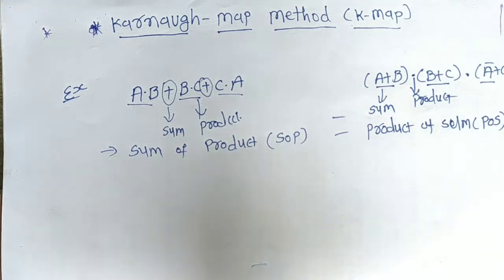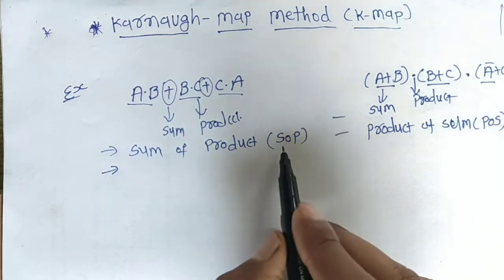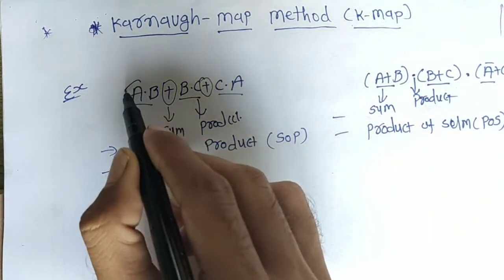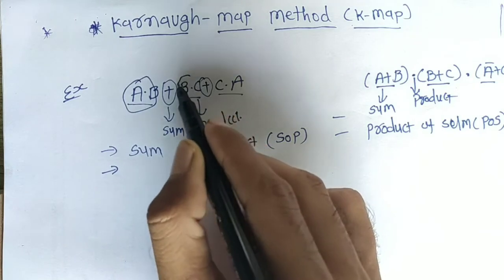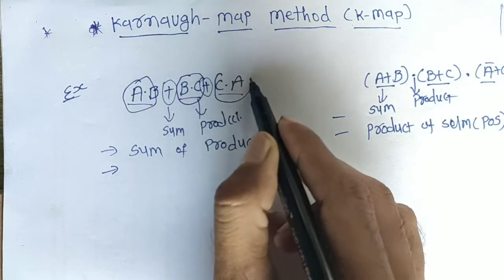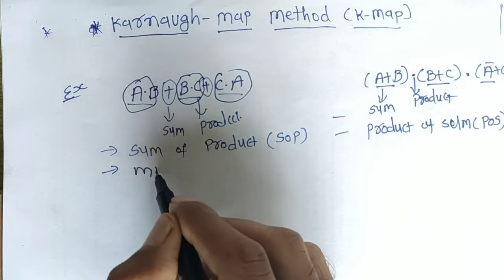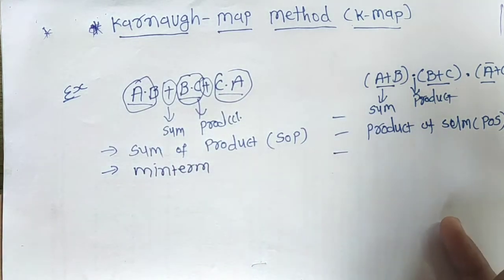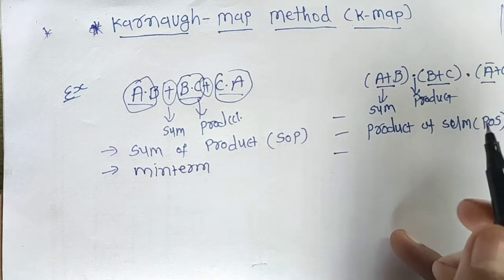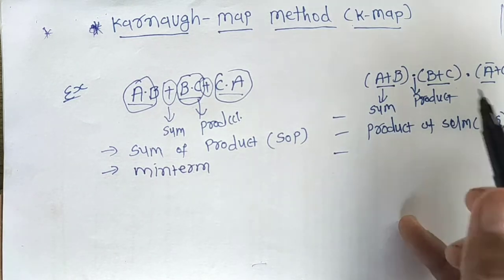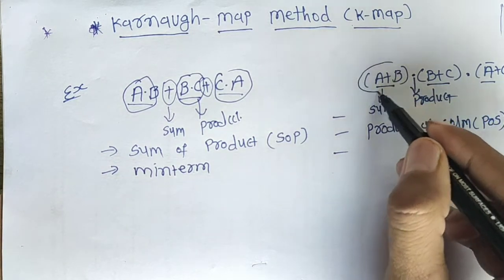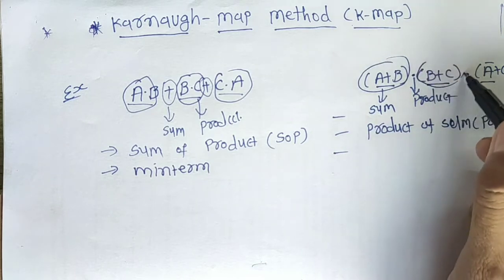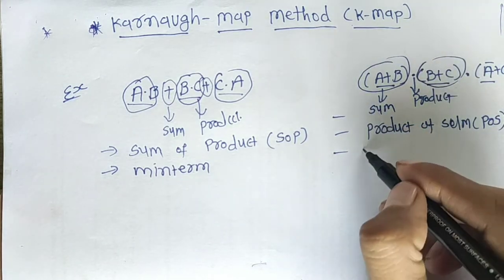So these are the two different forms of the Karnaugh map method. Now each and every term of the SOP form, meaning a dot b, b dot c and c dot a, is known as a min term, while in the case of POS, each and every term, meaning a plus b, b plus c, is known as a max term.